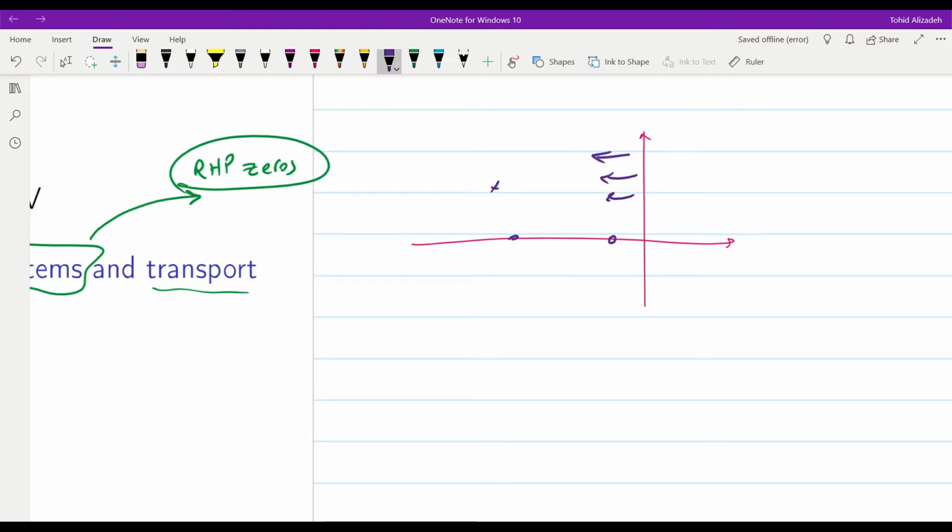For the non-minimum phase systems, however, we will have zeros on the right half plane. But all the poles should be on the left half plane because that's one of the requirements for designing the controller using this approach. We need to have our open loop system stable.